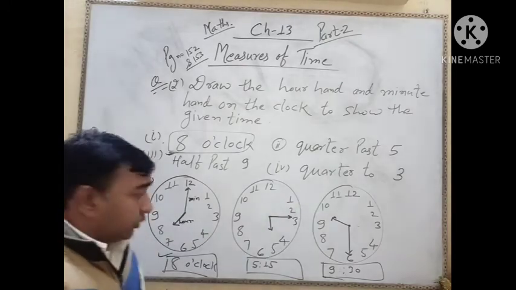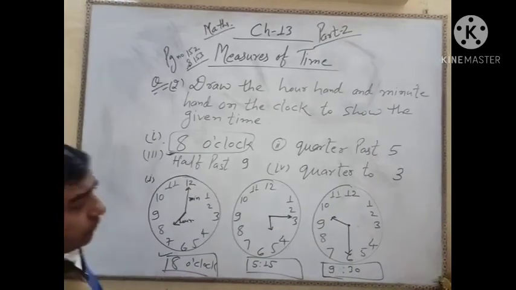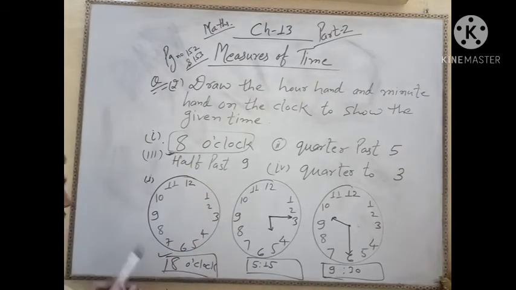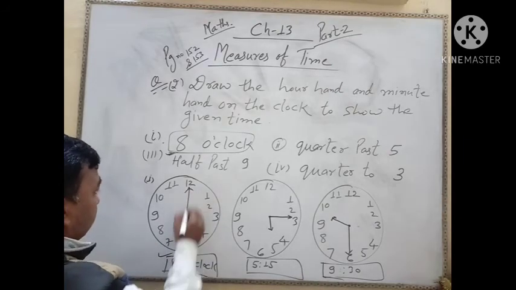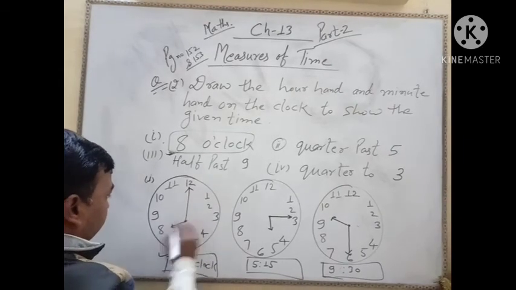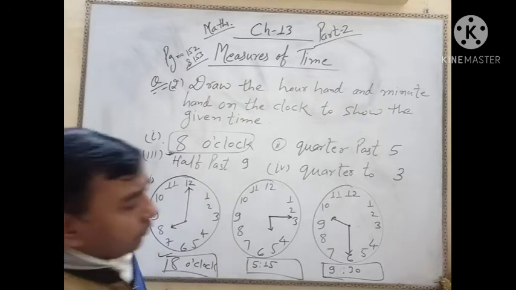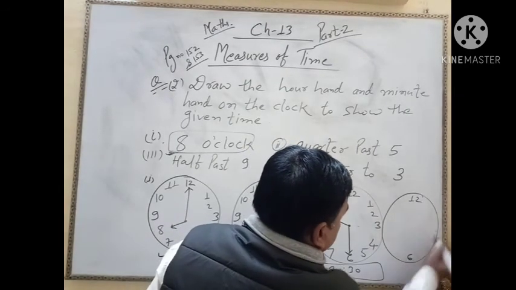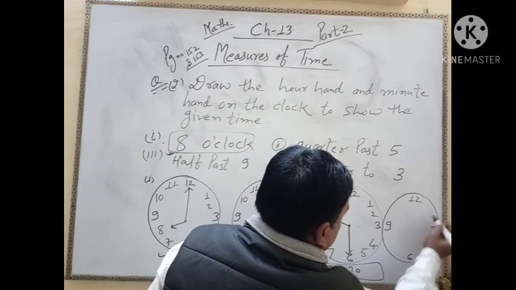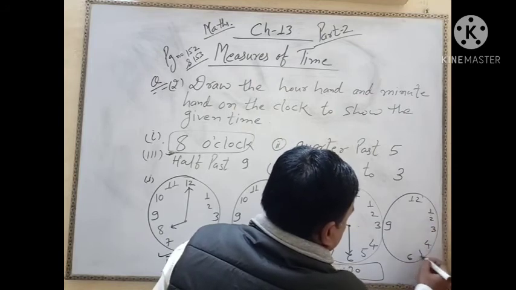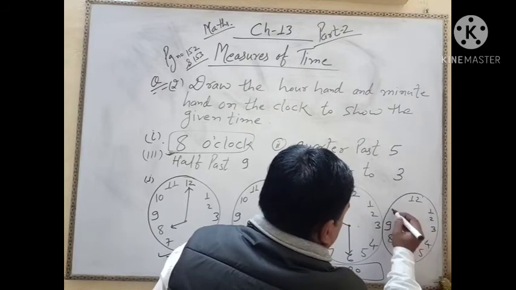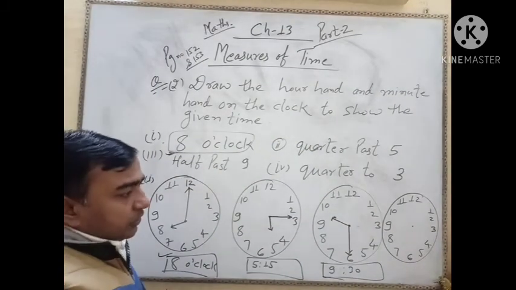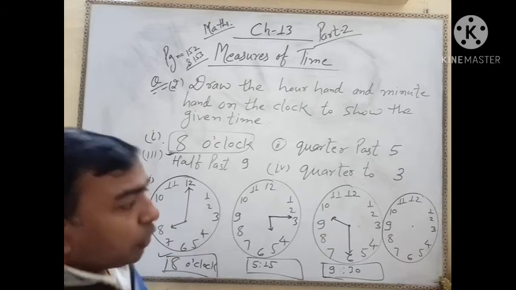Question number 4. Question number 4 is quarter to 3. Quarter to 3 means what? 2:45.